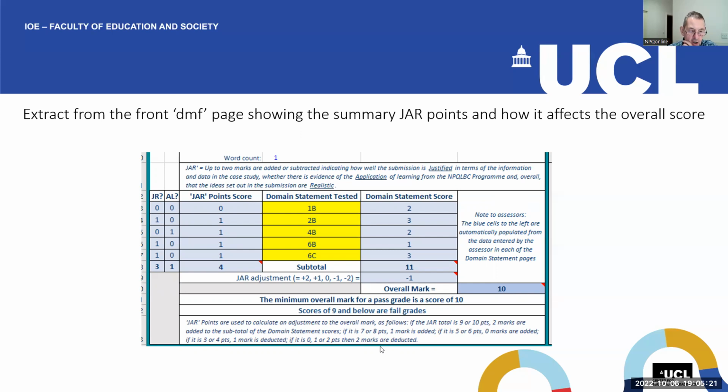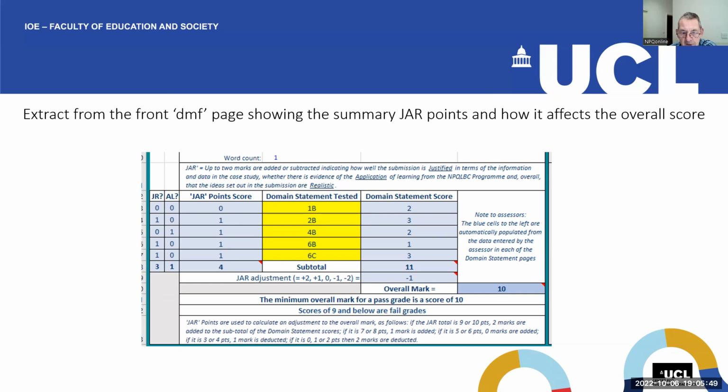So with a JAR points total of 4, as it says in the rubric here, if it's 3 or 4 points, then 1 mark is deducted. So it is 4 points, and therefore the JAR adjustment, according to this rule, is -1. So overall, the -1 is added to the framework domain statement score.